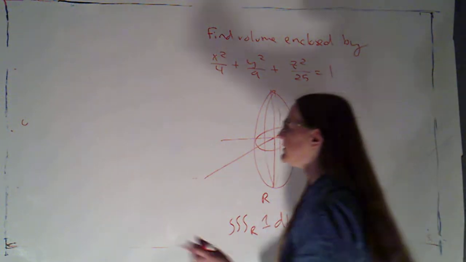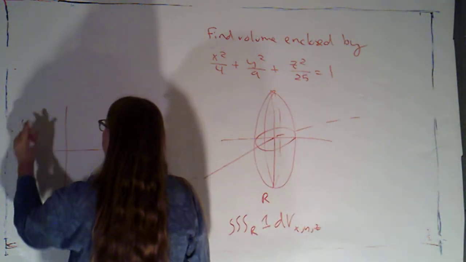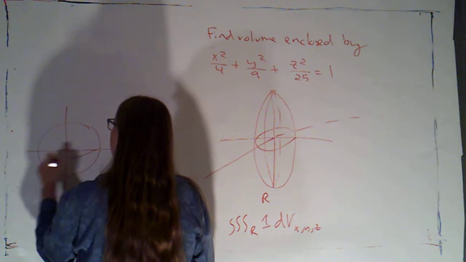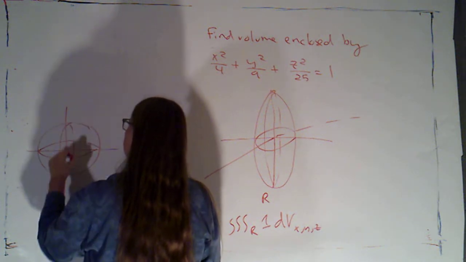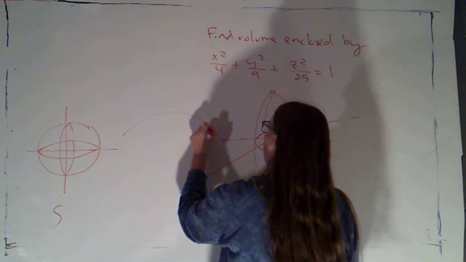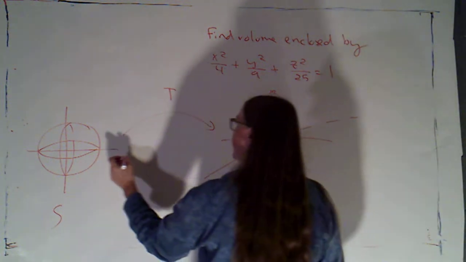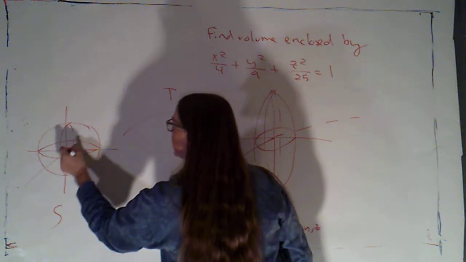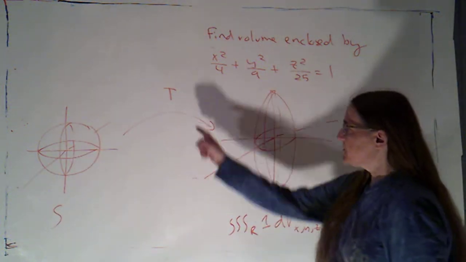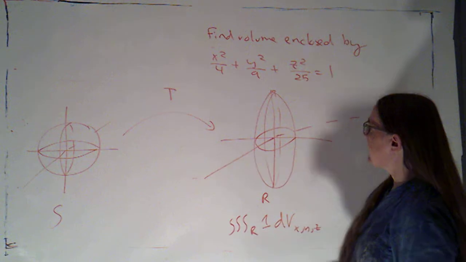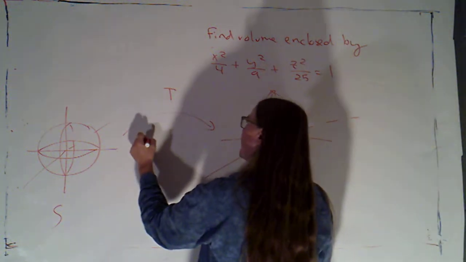I'm going to borrow off the last example. I'm thinking if we take S to be just our unit sphere, that I can map S to R by simply saying, okay, this was in the UVW system. So the u-axis corresponds to the x-axis, which got stretched by a factor of 2.